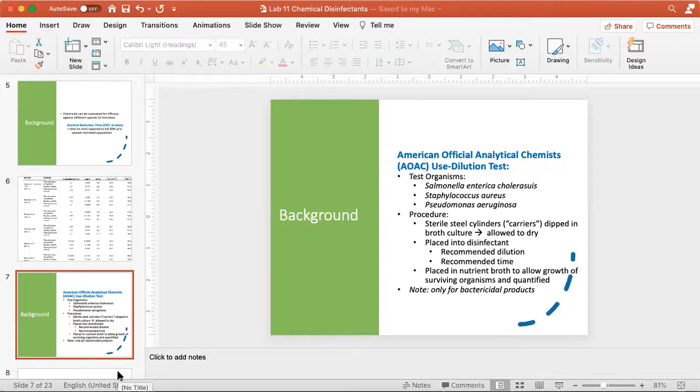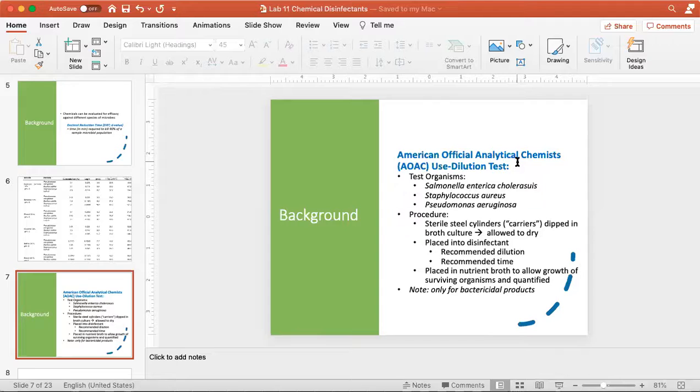There is another test that gets used to evaluate disinfectant chemicals. This one is called the AOAC test, or the Use Dilution Test. It gets its name because it's produced by the Association of Official Analytical Chemists, the AOAC.